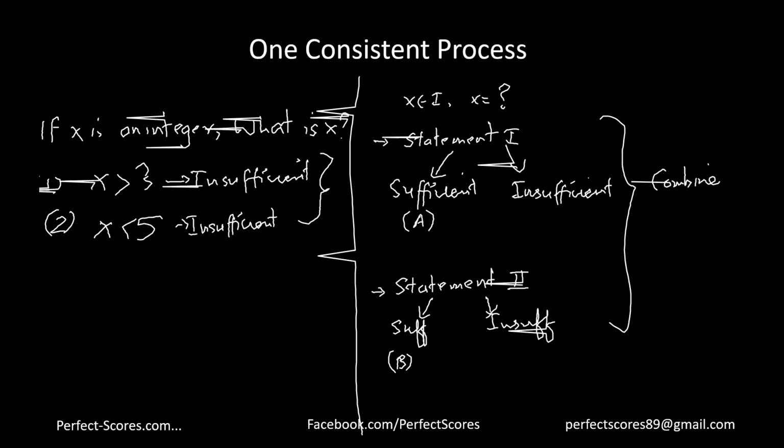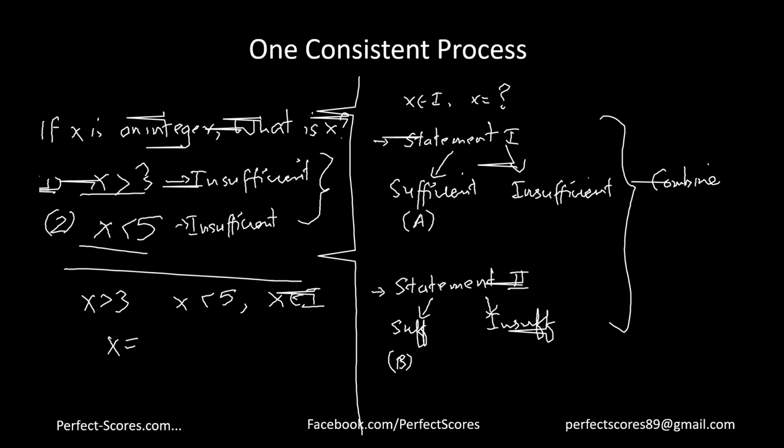You consider the fact from statement 1 and the fact from statement 2 and you write it down. You have x greater than 3, you have x less than 5, and x is an integer. What is the possible value for x? Well, x has to be equal to 4 because there is only one integer between 3 and 5. Now, if combining it turns out to be sufficient, then the answer option is C.